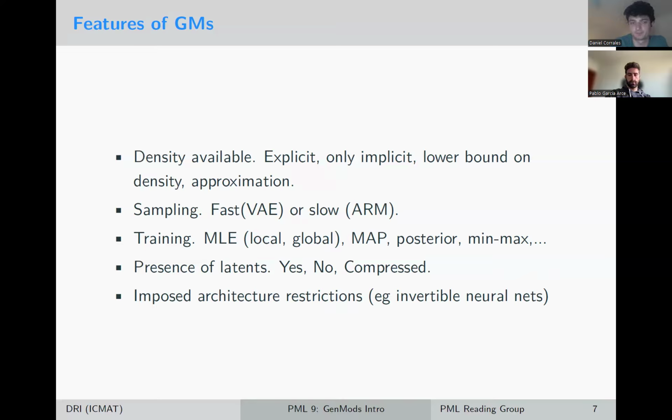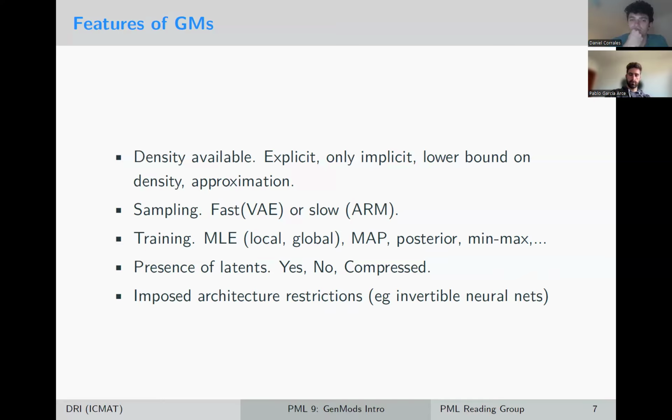Another distinguishing factor, which would determine what technique to use, is whether sampling is fast. If you need a fast sampler, you could use, for example, a variational autoencoder. But if you need it for other purposes and you're not that worried about sampling, you could use, for example, a deep autoregressive model.